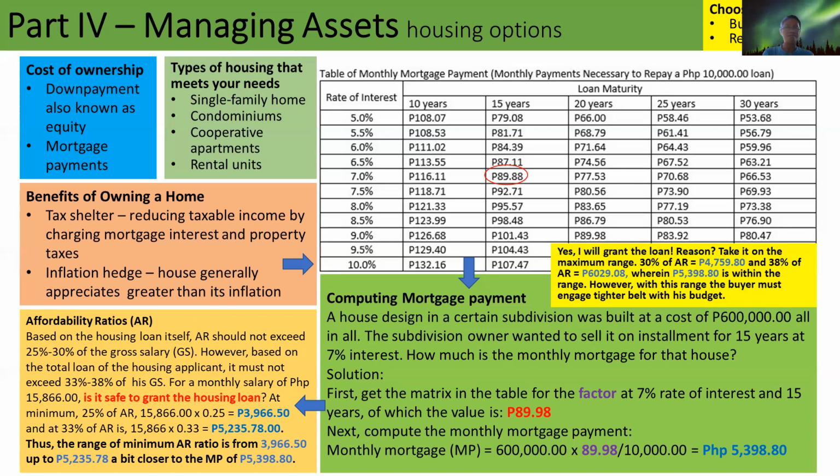Tama, di ba? Pero konting-konti lang ang difference. If we have to compute 5,392 minus 5,235, ang difference lang is 157 pesos, more or less, no, within the range of 157 pesos.